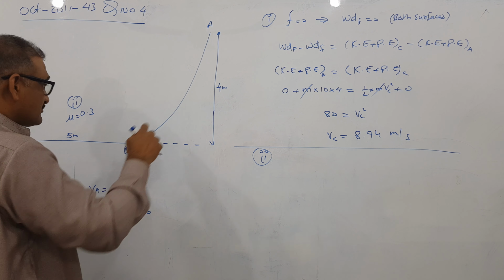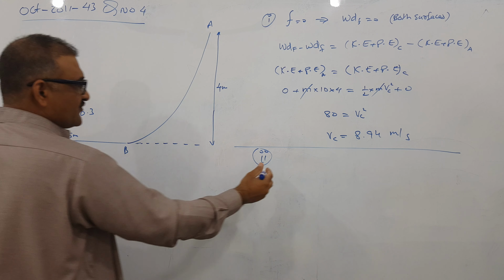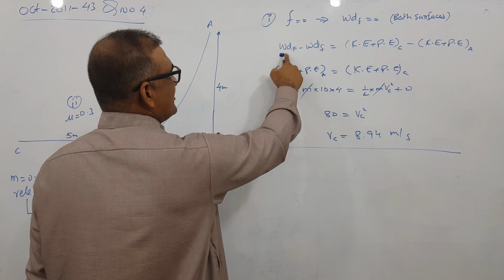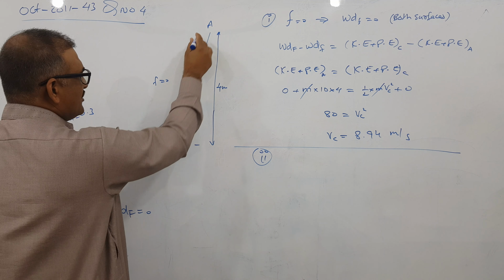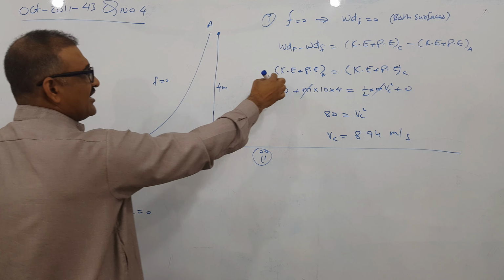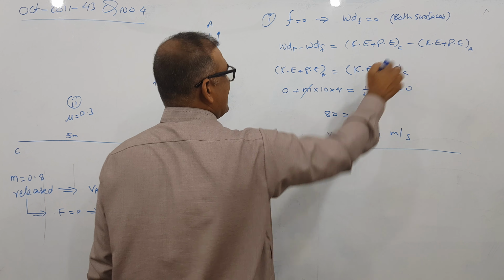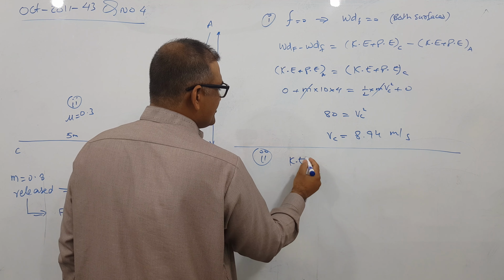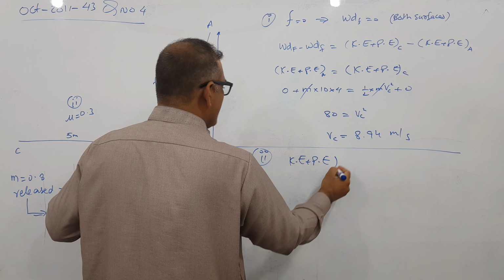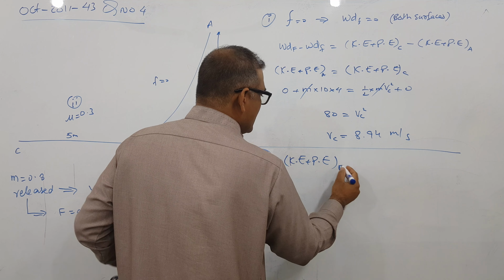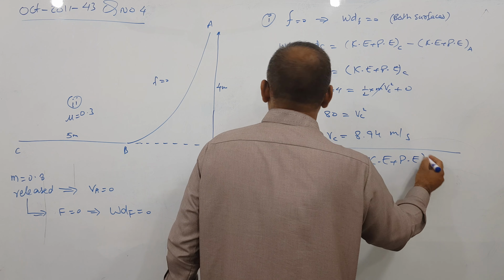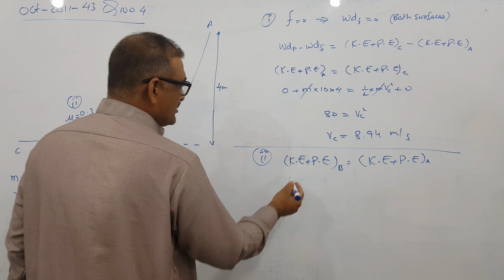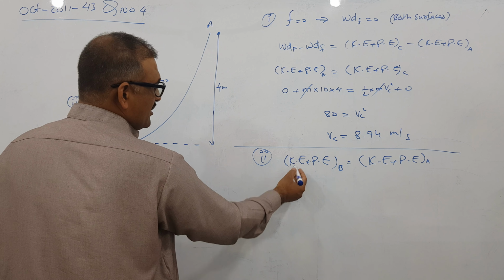First of all, we find the speed at B. The work done is 0 because this part is smooth, so I can apply conservation of energy: kinetic energy plus potential energy at B equals kinetic energy plus potential energy at A.